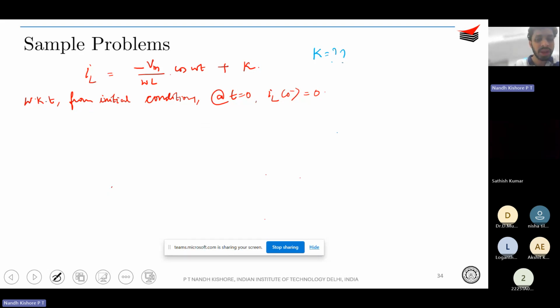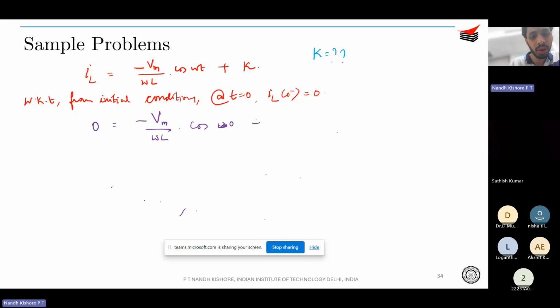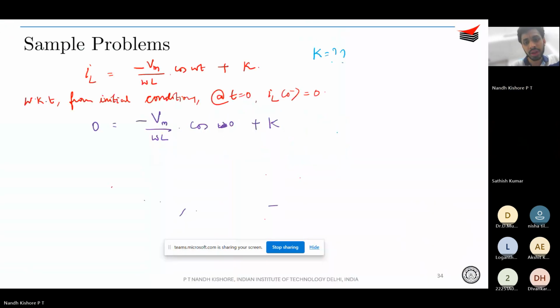IL equal to 0 is equal to minus Vm by omega L cos omega t. T is 0, so cos 0, right? Cos 0 plus k. Which means that k is equal to minus Vm by omega L. Any doubts over here?